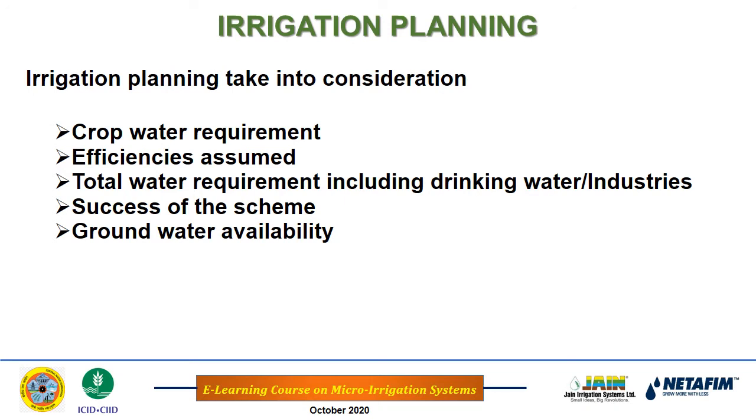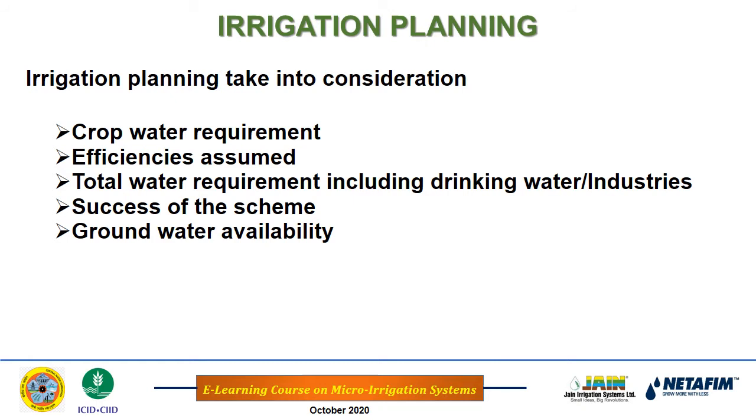So there are 2 components: one is the crop, and another is in what area we want to grow the crop. So these are the 2 considerations. As we proceed, we would be able to know how these are taken into consideration.